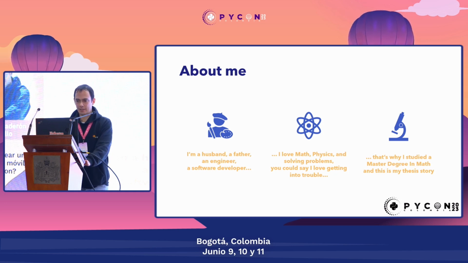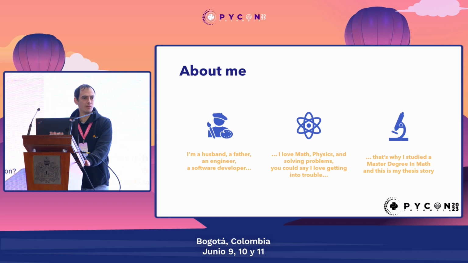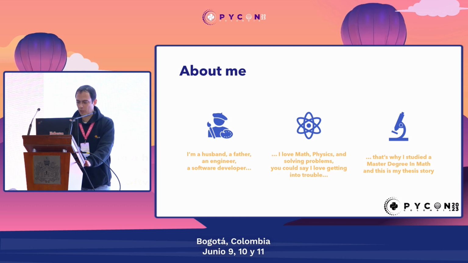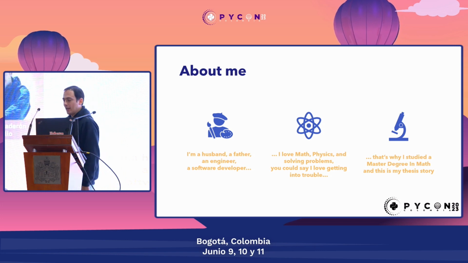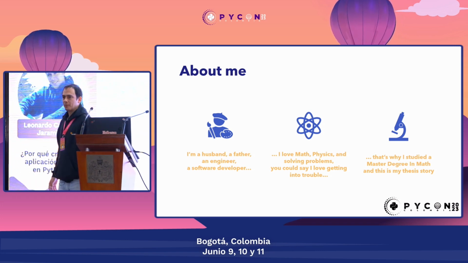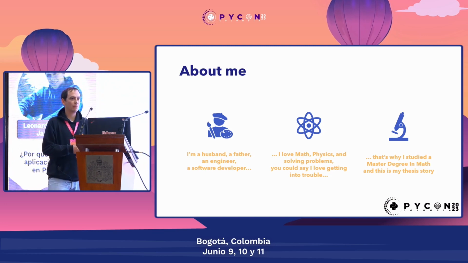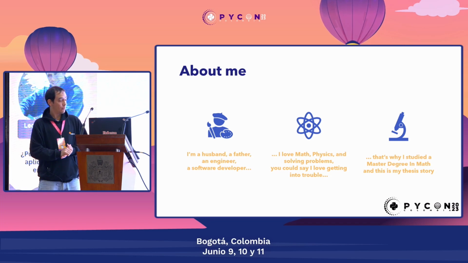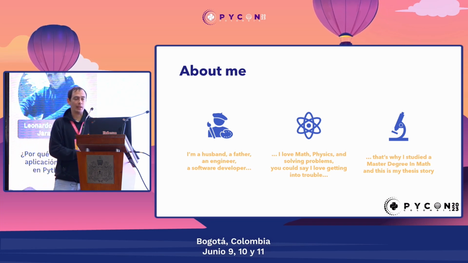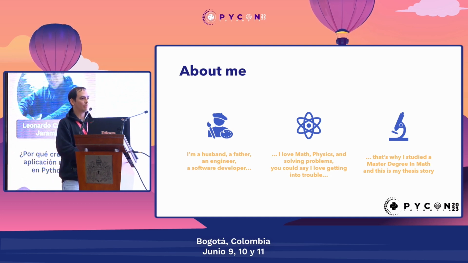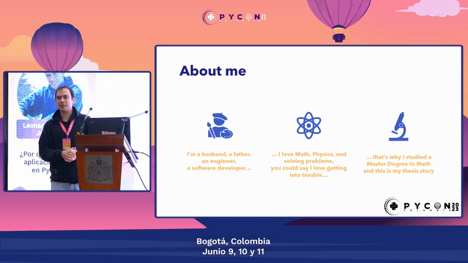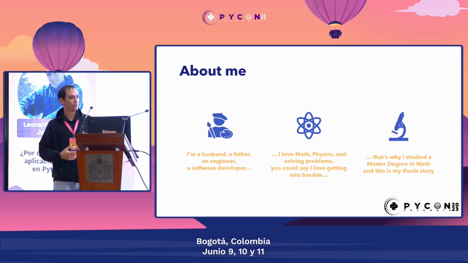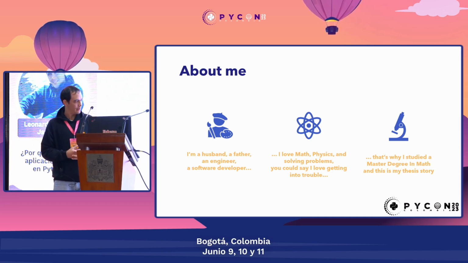I love math, I love physics, I love solving problems, and I think that is the main reason why I started this path, because I like to get into troubles. I like to solve or to do things that apparently are not easy.